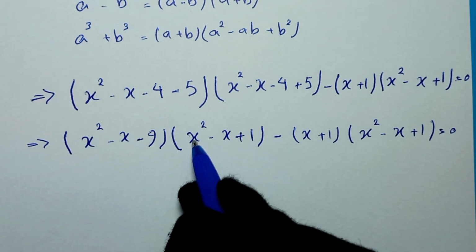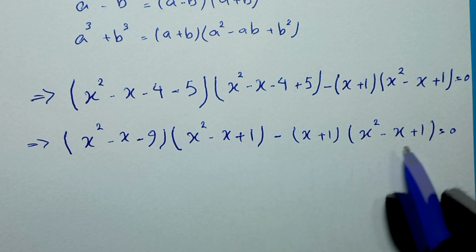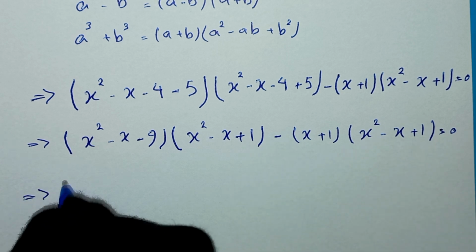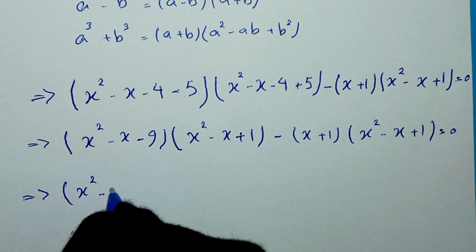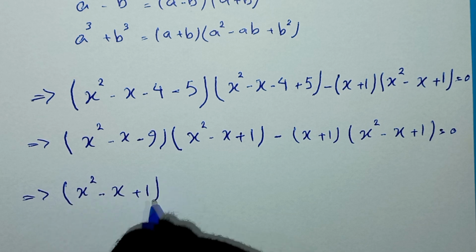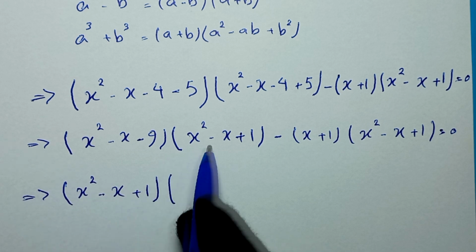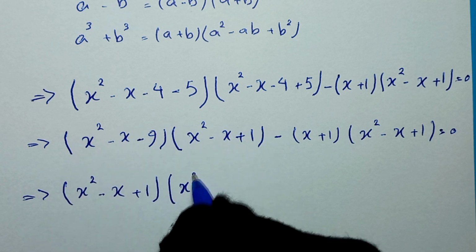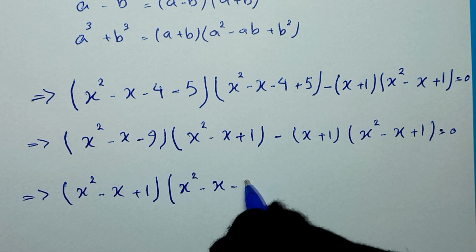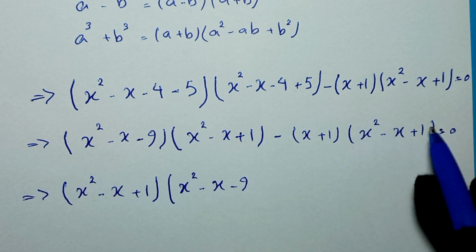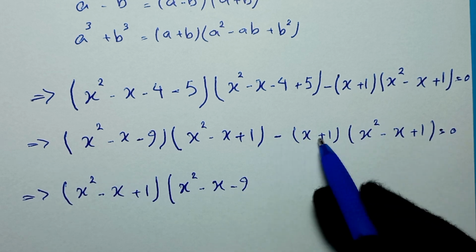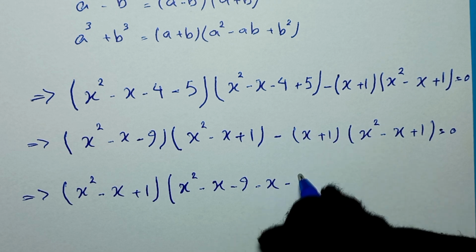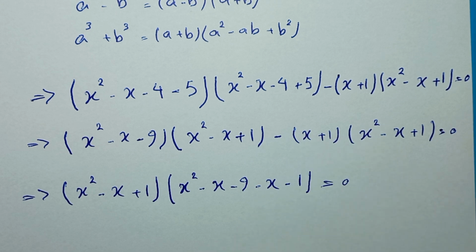And here we have x squared minus x plus 1, and also here we have x squared minus x plus 1. So we factor out x squared minus x plus 1. On this side, we have x squared minus x minus 9, and here we have negative x minus 1, equal to 0.